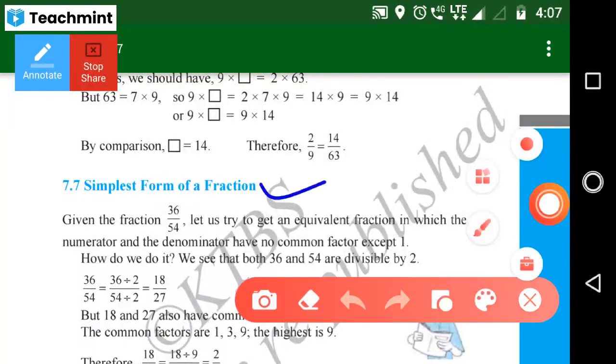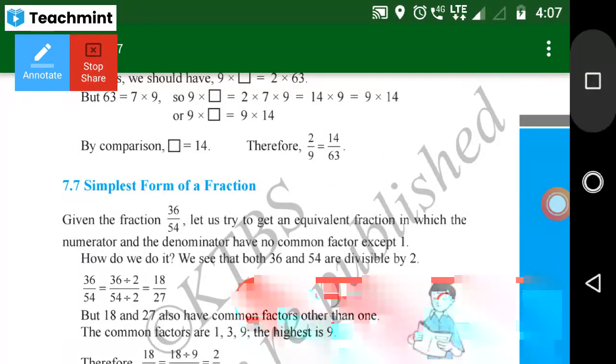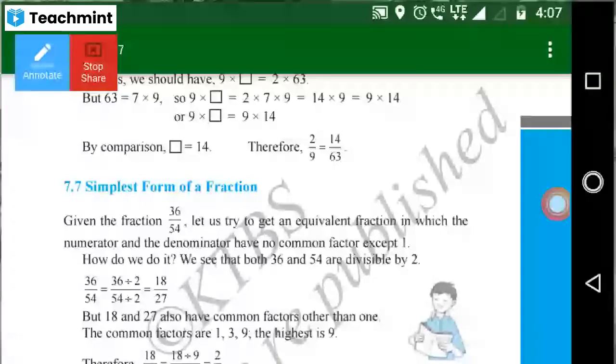I have to start simplest form of a fraction now itself, isn't it? Still my voice is breaking. Audio and video both are clear now? Yes, ma'am. Now it is clear. That time it was breaking a lot. Okay, network issues.